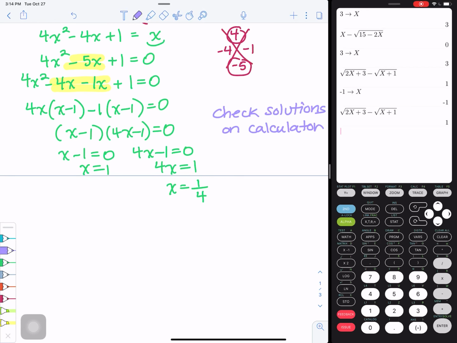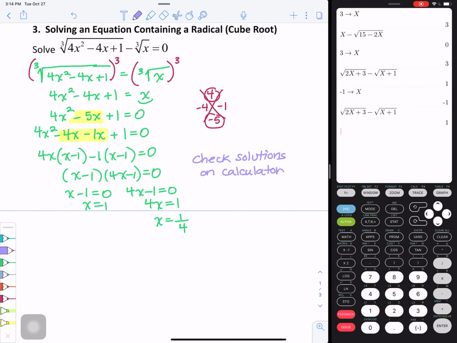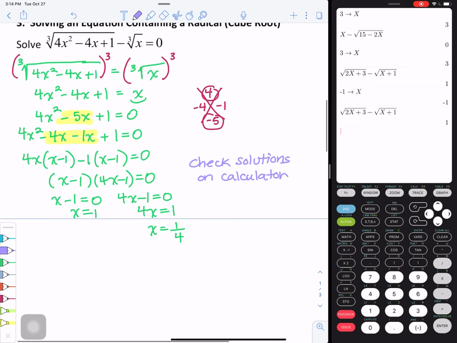And let's first go and make sure we can see our original equation. So I want these to equal 0. I'm going to clear my home screen, and I'm going to first store 1 as x. And I'm going to put in the cube root, so that would be cube root of 4x squared minus 4x plus 1.